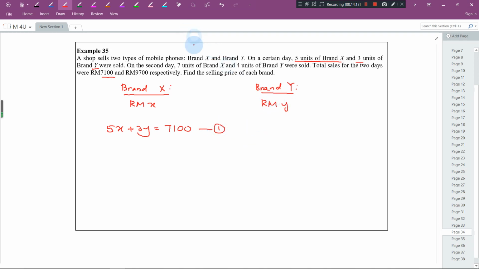And the second equation, 7x plus 4y is equal to 9700. So we have the second equation. Find the selling price of each brand. Here I'm going to show you how we use the matrix method to solve this type of equations.